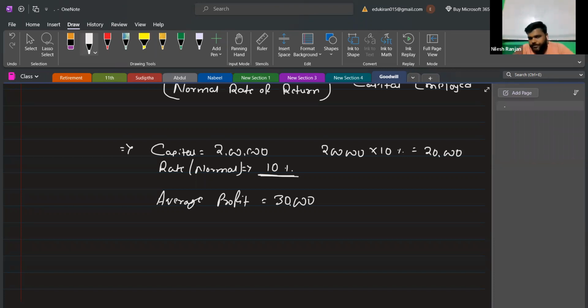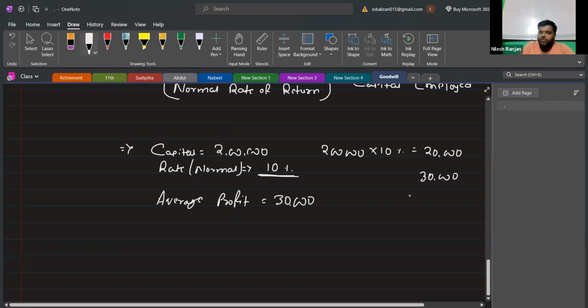But how much profit are we earning in actual? 30,000. So the super profit is 10,000, which means we are earning 10,000 more than the market standard. This is called super profit. Is this clear? Yes, sir.